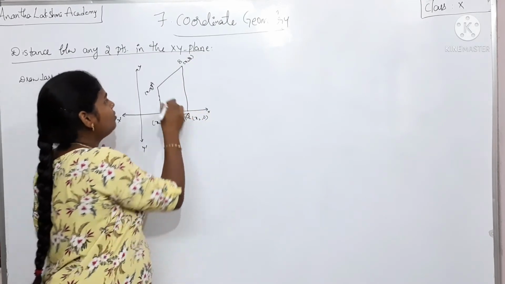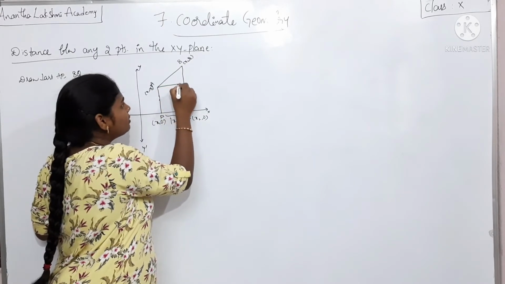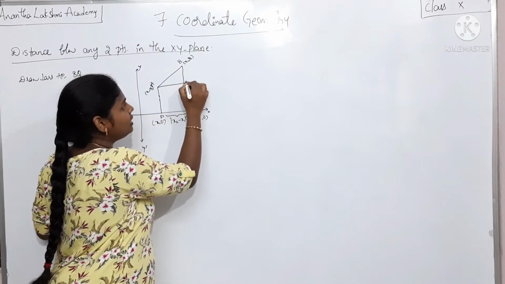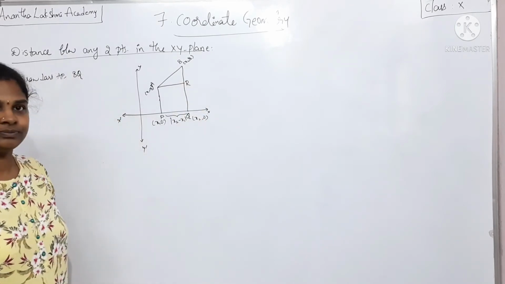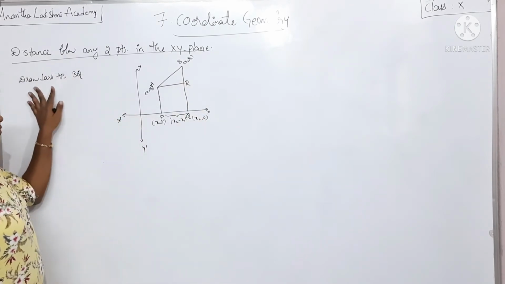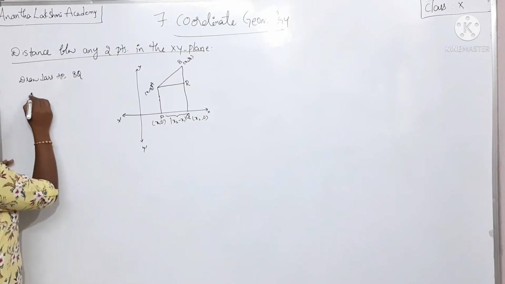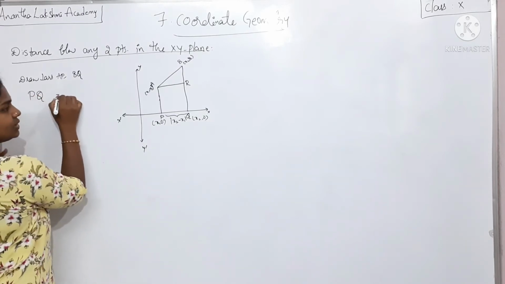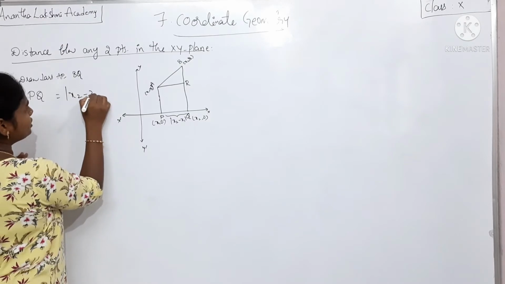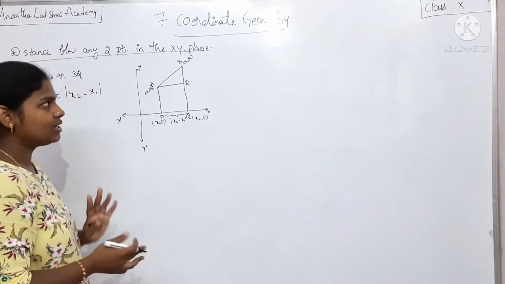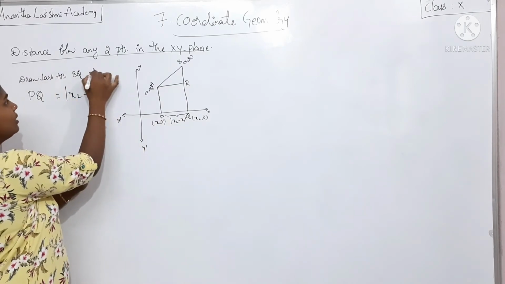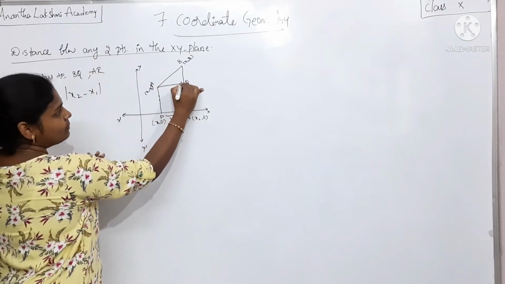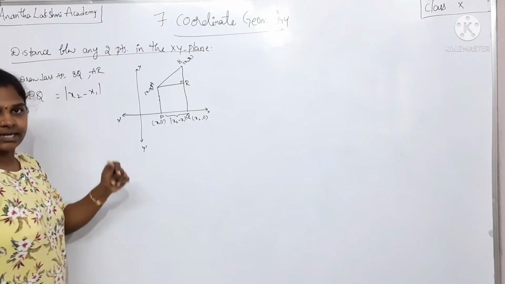Alright, now let me draw a line from here, A to B, this line, and let me name it as R. Now we have drawn AP and BQ. We figured out that PQ is going to be modulus of x2 minus x1. One distance we got to know. Now by drawing this perpendicular AR, as this is a perpendicular, this becomes a right angle.